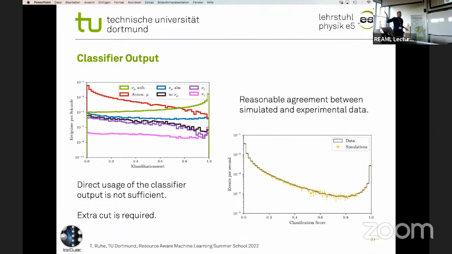This could be a track, this could also be a cascade, and this becomes very hard to distinguish by eye. So the electron neutrinos also contribute, because if it's somehow strange inside the detector, then it might very well mimic a track, or the track hypothesis might be reconstructed to this. But this is then at least 5 orders of magnitude below this.